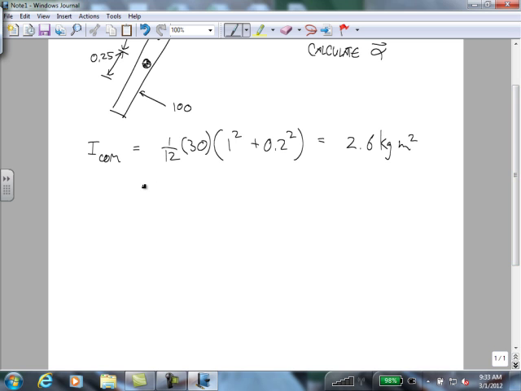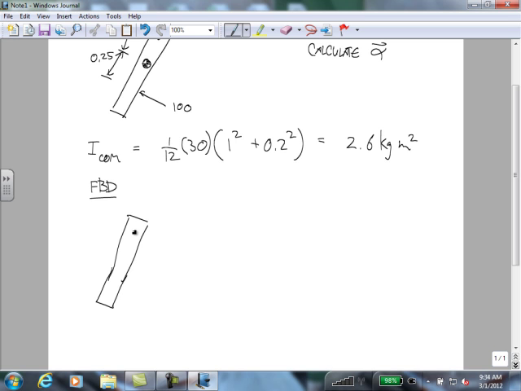And now we're going to go on to rotational Newton's second law and possibly Newton's second law. So first we have to draw a free body diagram. So where are there forces acting on this? So for one, gravity is always acting, but in this problem, that's out of the plane that we're dealing with.